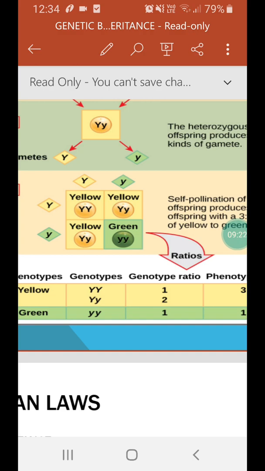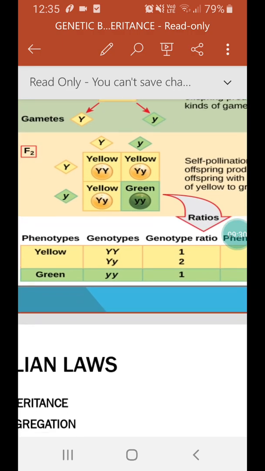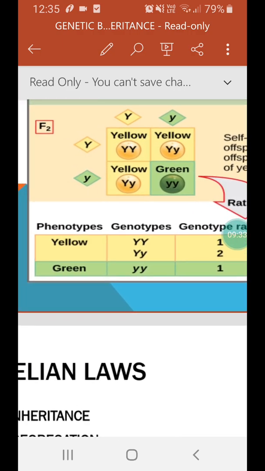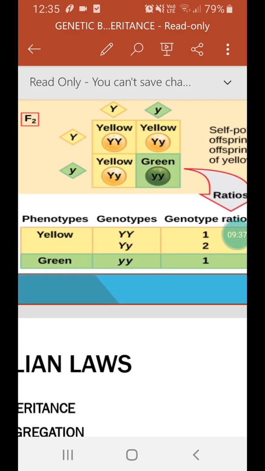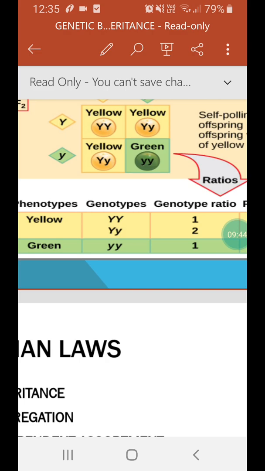Physically we can see the plant seed colors are yellow and green. But genotypes, meaning the genetic makeup of both types of plants, are different. See, in the first case, for yellow color, there are two types of genotypes: capital Y capital Y, and capital Y small y.